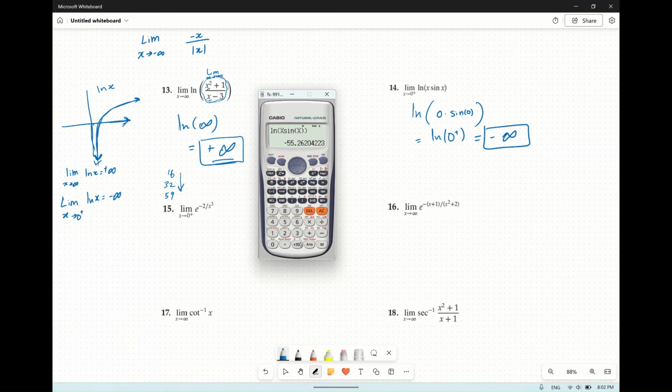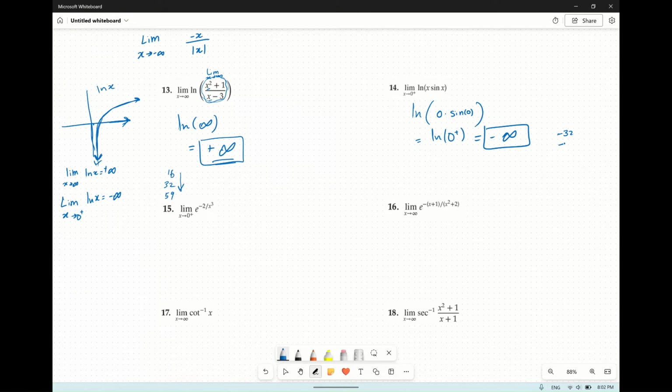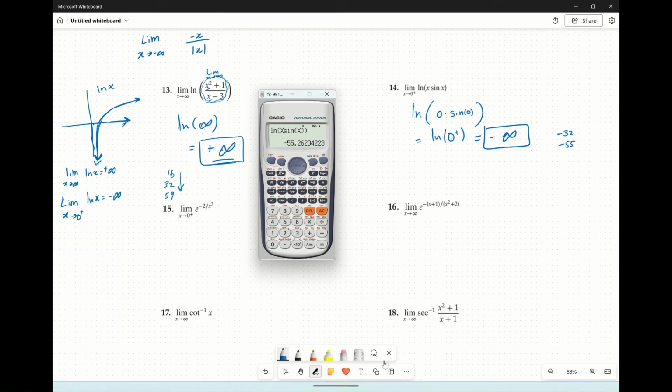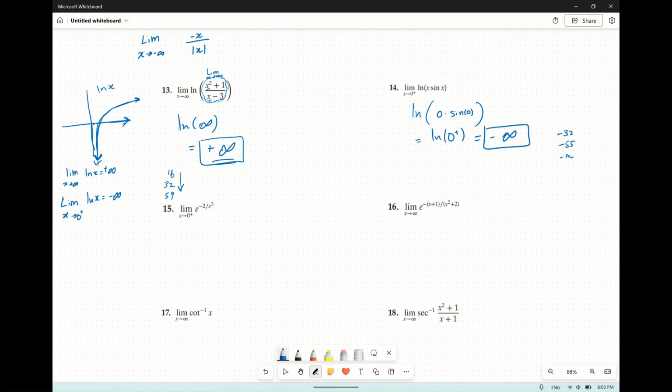Now what did I get? Negative 55. First it was negative 32, then it became negative 55. What if I keep making the number closer to 0? I will add zeros here. What do I get? Negative 110. Look at the numbers. They are growing more and more, becoming bigger and bigger. But in which direction? In the negative direction. So the answer is negative infinity.